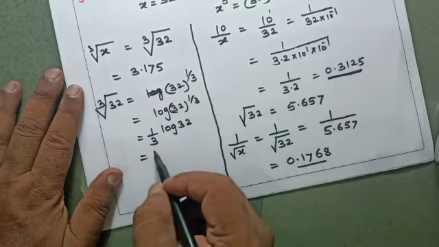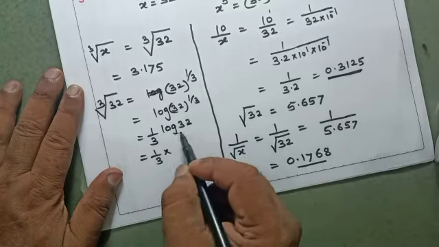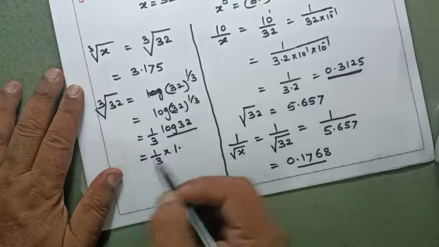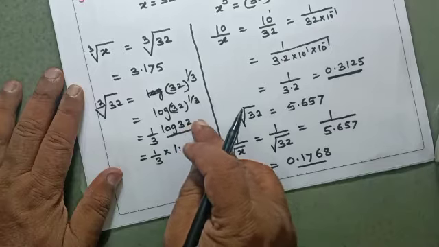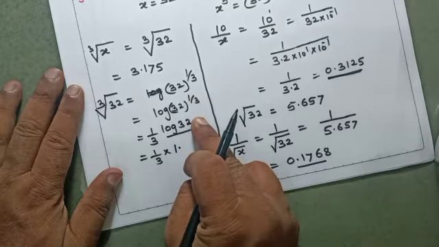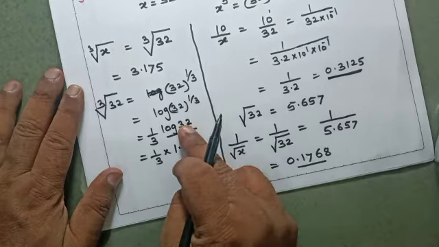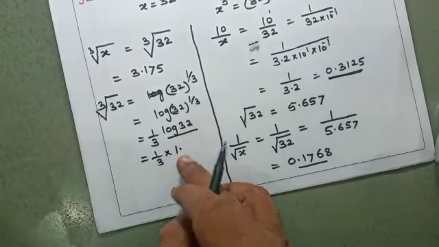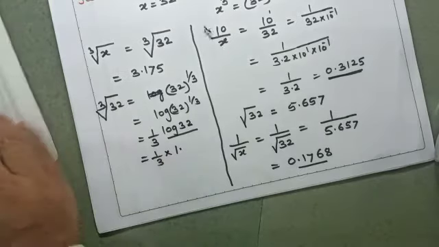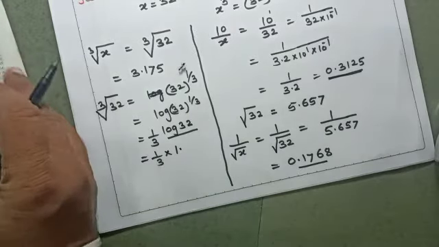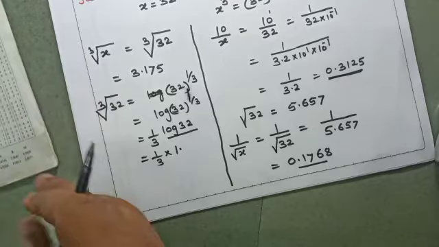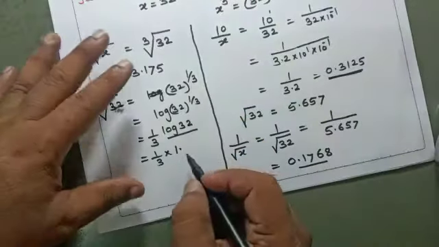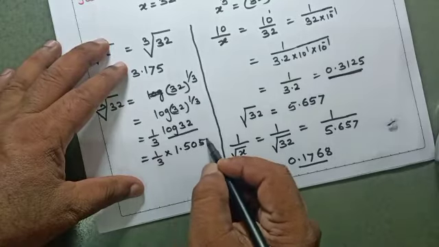So here 1 upon 3 multiplied by log 32. Its characteristic will be 1, because 2 digits are there before the decimal point, and 1 is subtracted from 2, so its characteristic will be 1. When we find the log of 32, see here, its mantissa will be 5051.